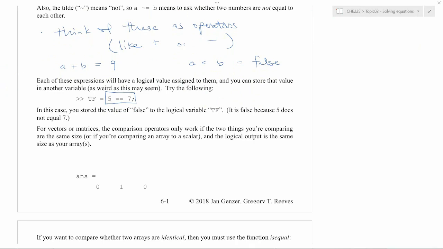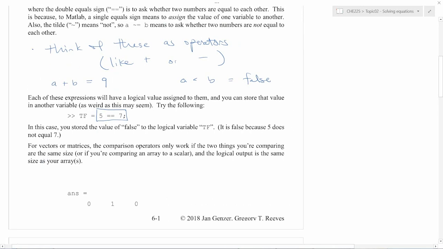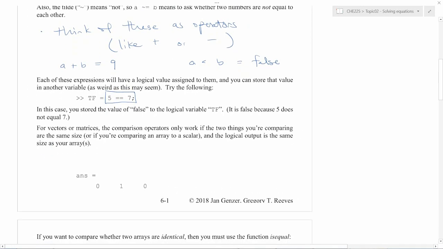Now, that's comparing two scalars. But if you have a vector or a matrix, these work element by element. So, for example, let u equal, so in the variable u, we're going to store the row vector 1, 3, 9.